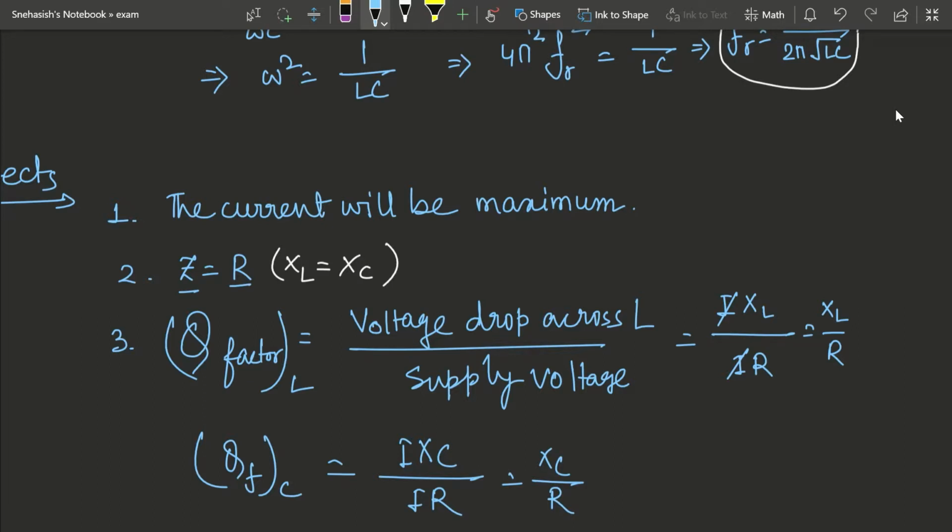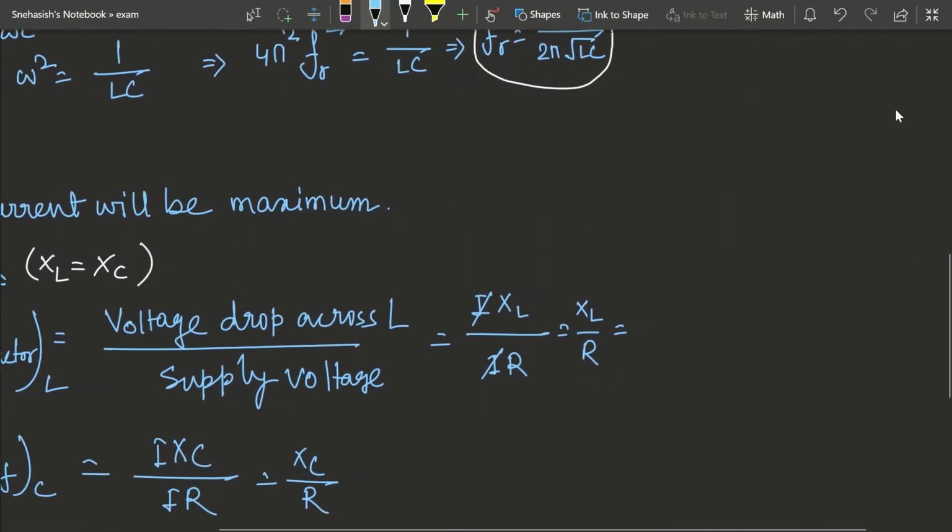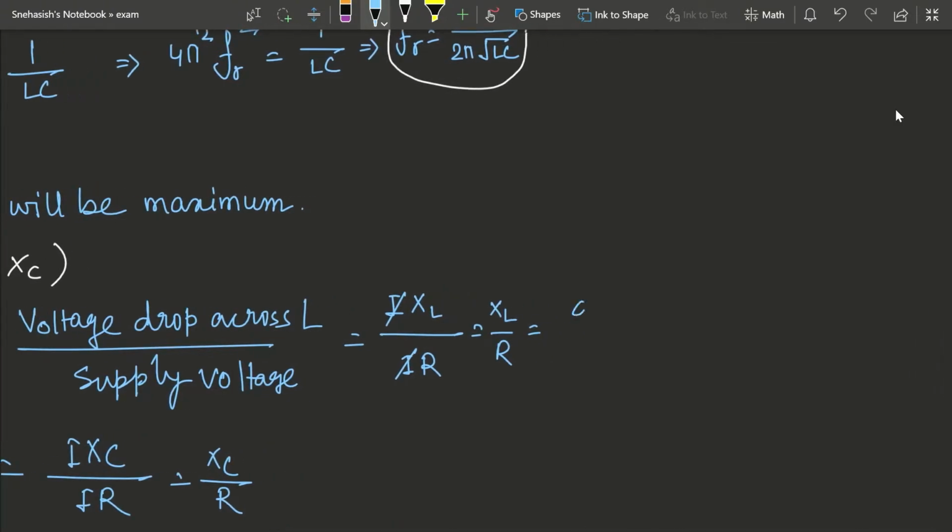Okay, so now we can write more from here. What is XL? XL is omega L upon R, and this omega will obviously be for resonance, and here we can also write omega R C R, like this.